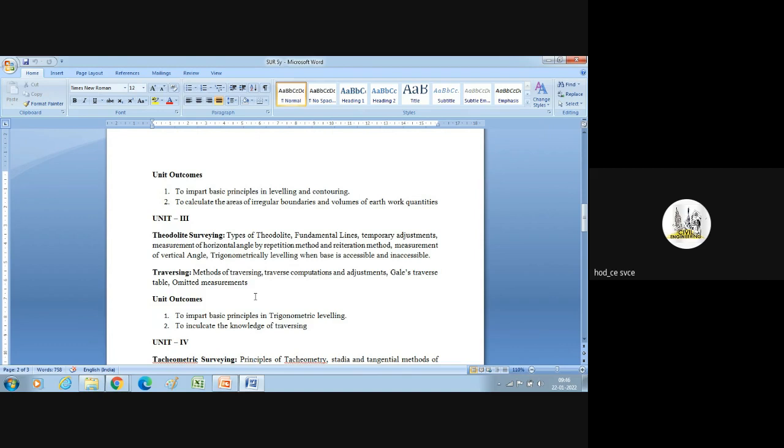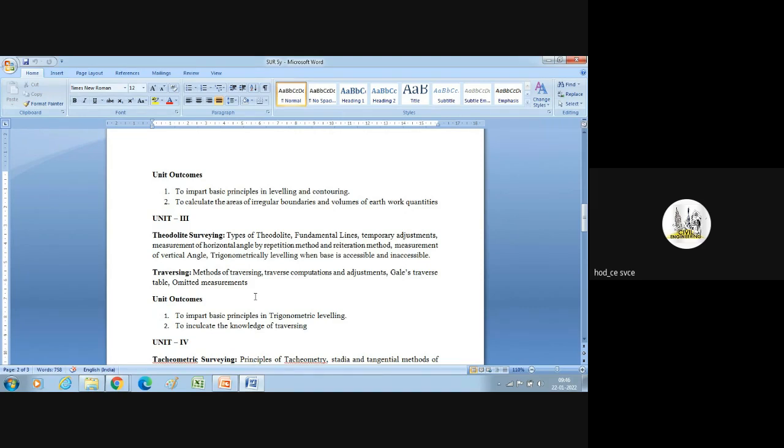How we are going to traverse? Already I told you we traverse by using plane table survey, right? With plane tables we have the radiation method and the intersection method. The same thing here also: by using compass or plane table or theodolites or fly level, auto level, this kind of equipment.